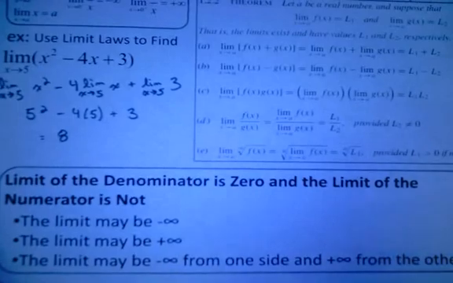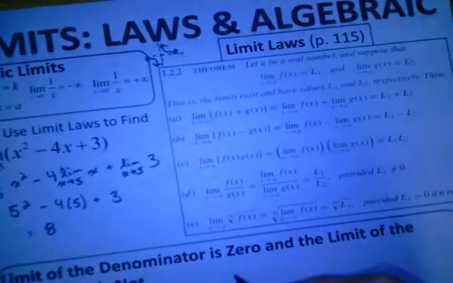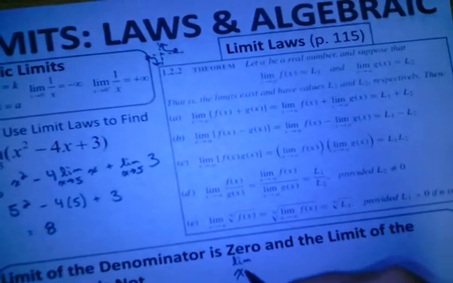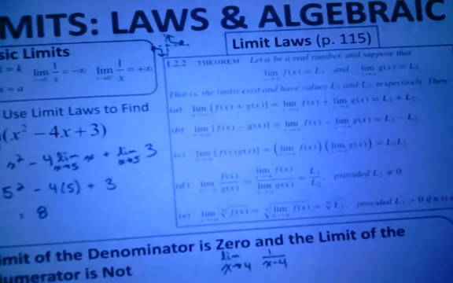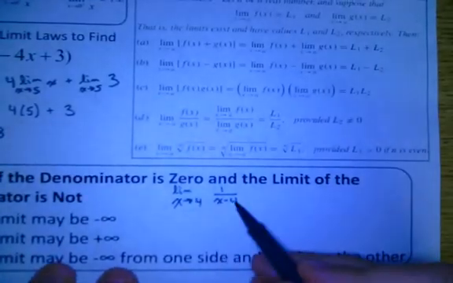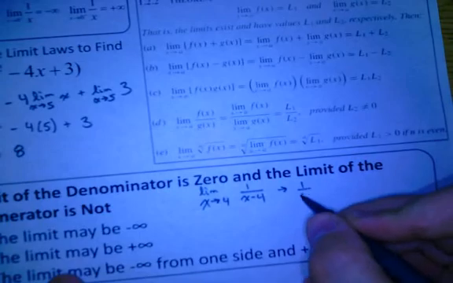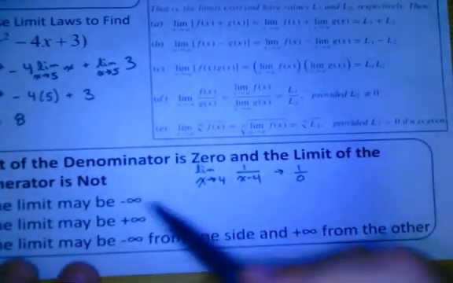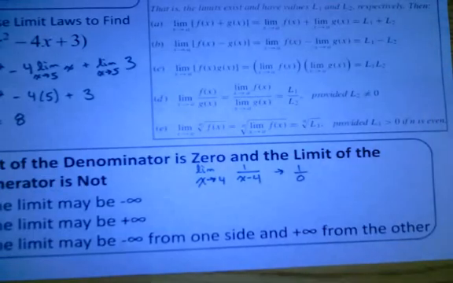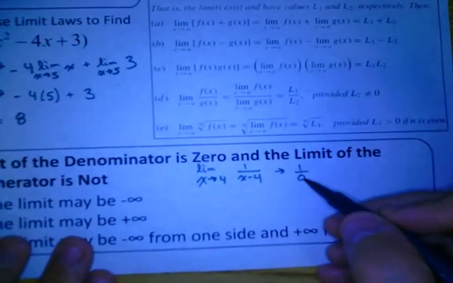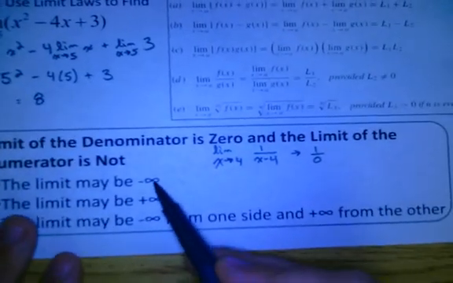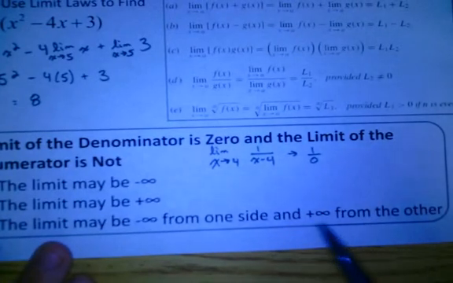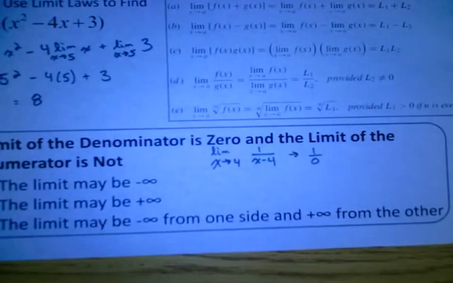If I have the limit as x approaches 4 of 1 over x minus 4, and I plug in right away, I would get 1 over 0, which is a big no-no because we cannot have the denominator be 0. So your answer is going to be one of these choices: negative infinity, positive infinity, or, if the sides don't match, it does not exist. We will get into that in an example on the next page.